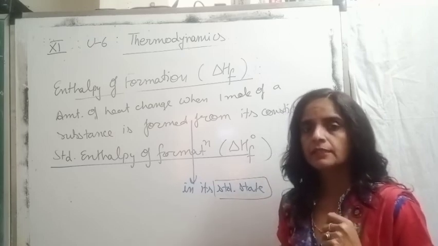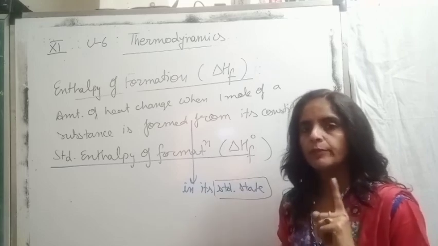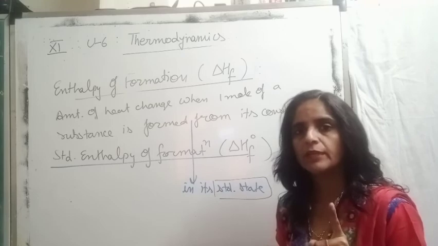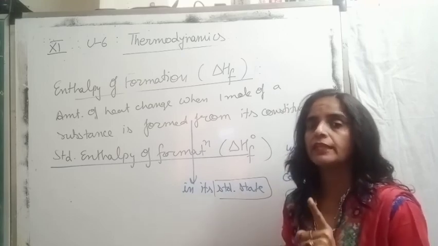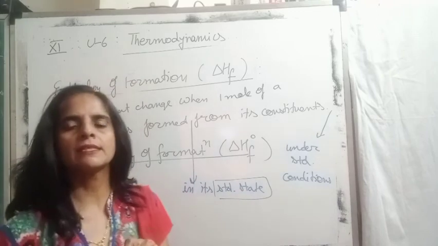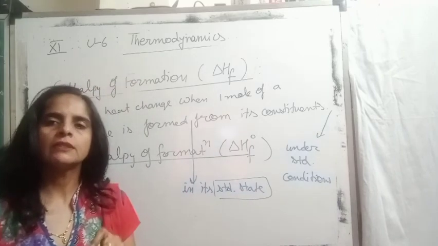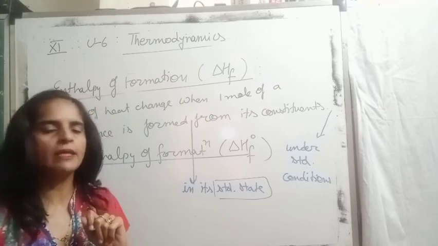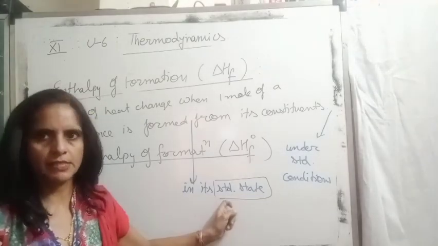Oxygen is a gas. For carbon, remember the standard state of carbon is taken as graphite, not diamond, because thermodynamically graphite is more stable. That's why graphite is considered the standard state of carbon. Clear? This is what we mean by standard state of any substance.